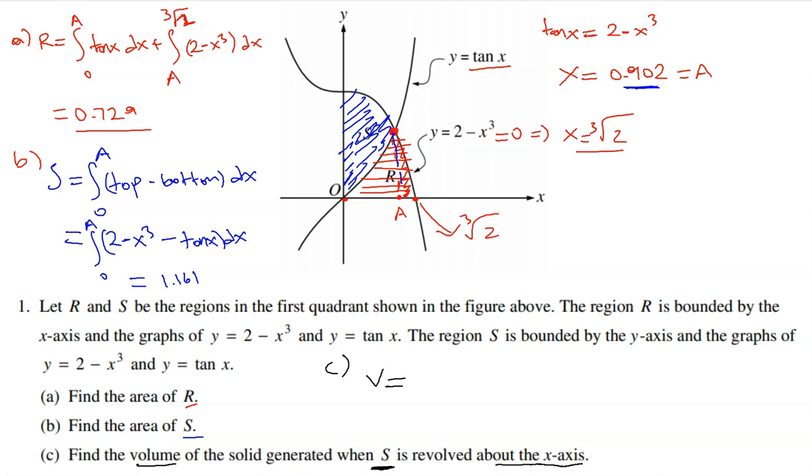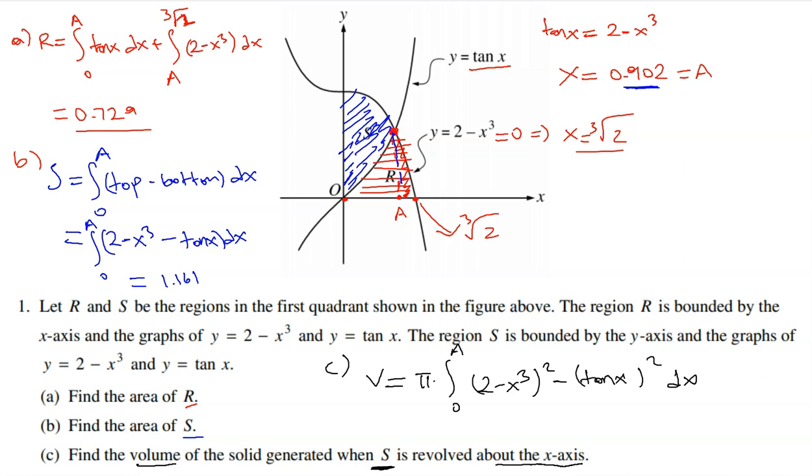The top curve is 2 minus x cubed, the bottom curve is tangent x. So if we apply the washer method, it's pi times the integral from 0 to a of 2 minus x cubed squared minus tangent x squared dx.